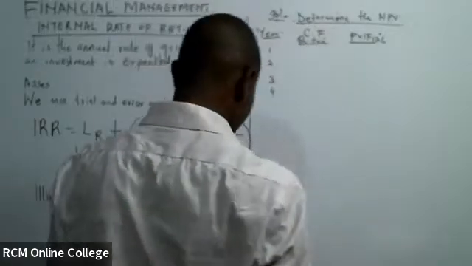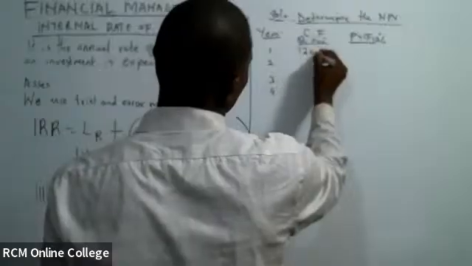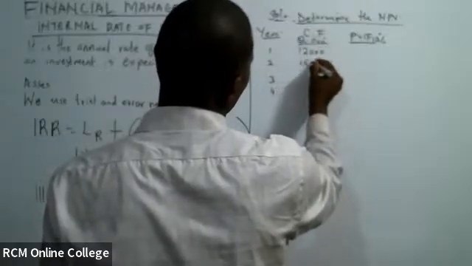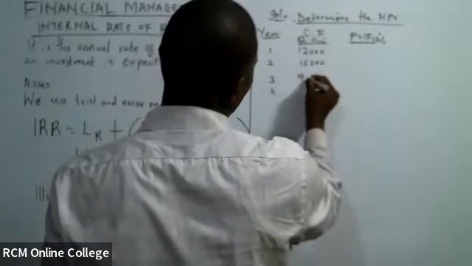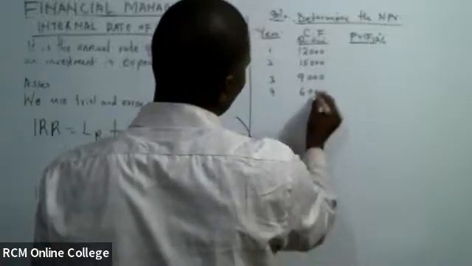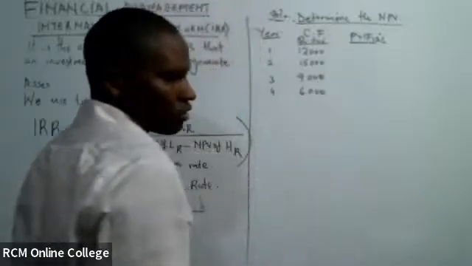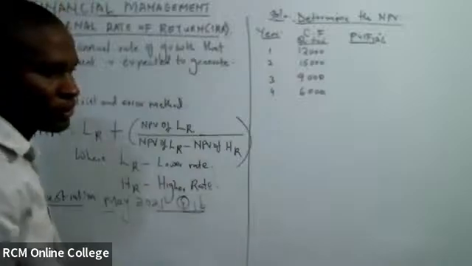So here I can have the cash flows 12, 15, 9, 6. Great.